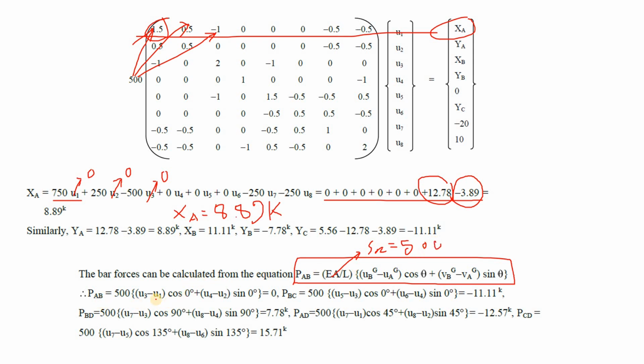If we just place the values that we have calculated into the equations, then we're going to get the values of the member forces. This theta here is actually the bearing angle that we had calculated before. We have seen the bearing angles. Okay, so we have PAB, which is 0, PBC is coming out to be minus 11.11 K. We have PBD, and all the members are being calculated right over here. You can just look at it.